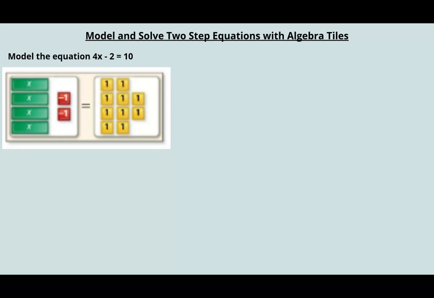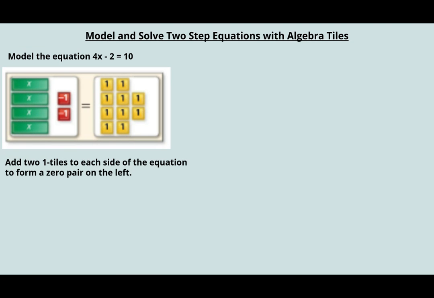That is 4x minus 2 equals 10. Now we want to solve for x. When we solve for x, what we really want to know is how much one of those x tiles is worth. How much is one x tile worth?